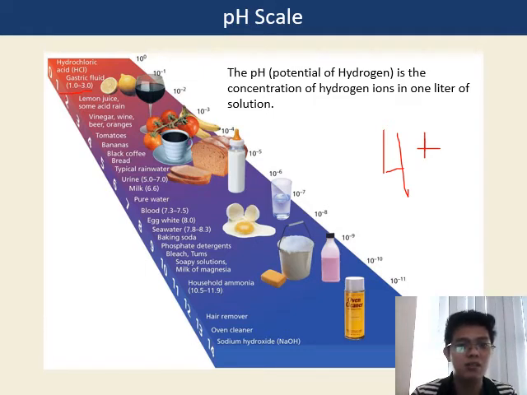We have lemon juice and acid rain, vinegar, beer or oranges, tomatoes, bananas, black coffee or bread, and so on. These are acidic food items in nature. And we have pure water, which is neutral, pH 7. And then the next items are all in base form because their pH is 8, 9, or 10.